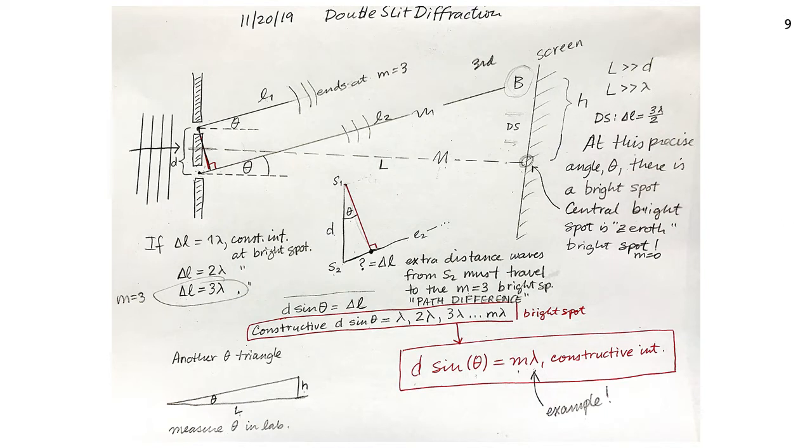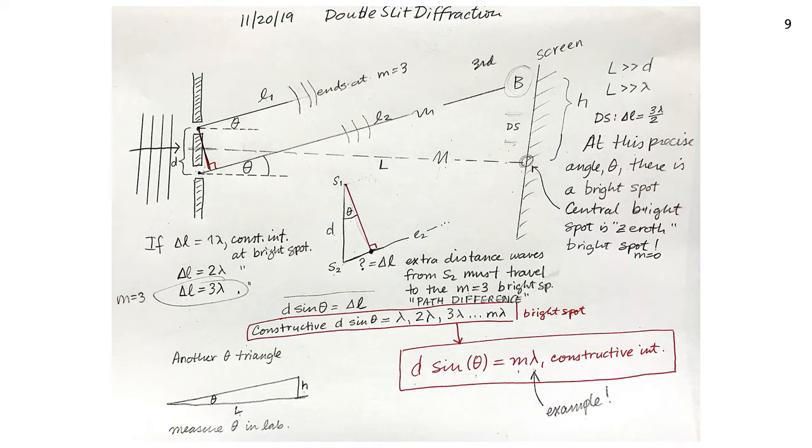Now, what we're going to study here is a bright spot up here. Okay, so there's going to be a bright spot on the screen. Now watch carefully how I draw my following light paths.